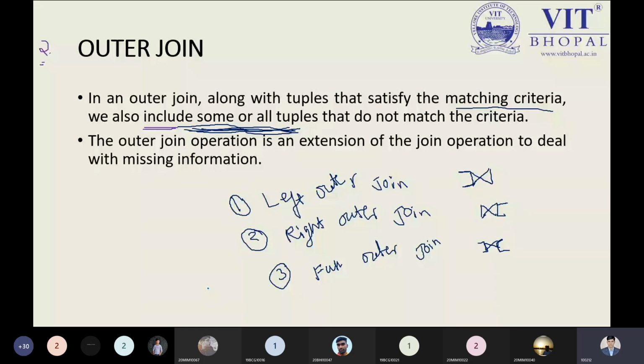But now we also have the right to pick some information which does not match the criteria. That is the point you have to keep in mind. The matching tuples we will pick, but we will also pick those tuples which do not match the criteria, and that is the point to be identified inside the outer join. Here we have three different flavors: left outer join, right outer join, and full outer join.